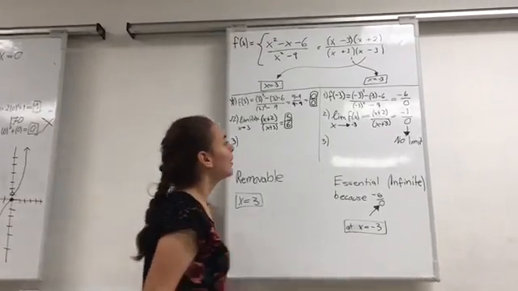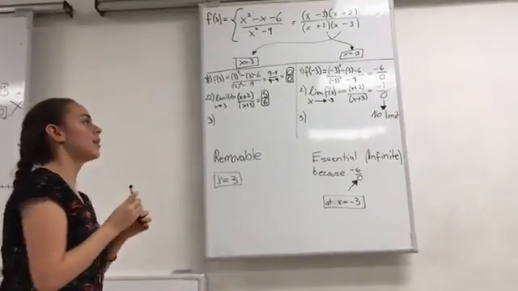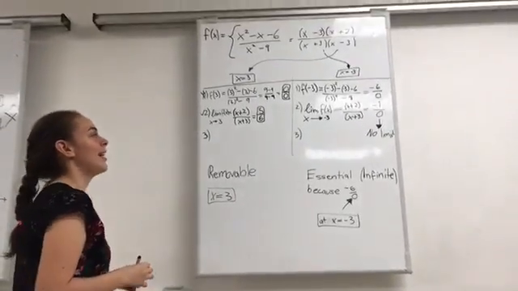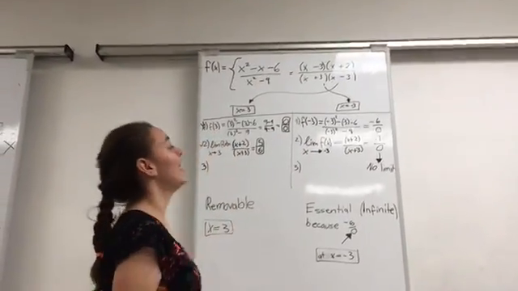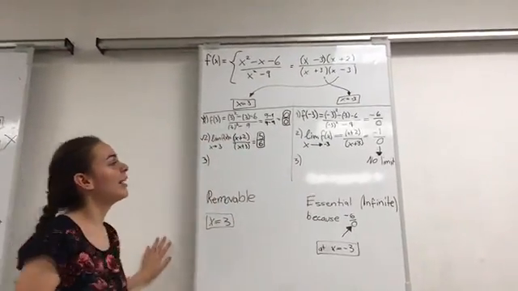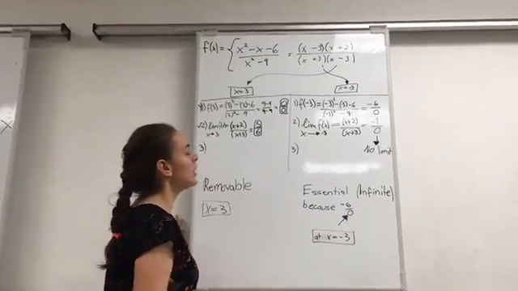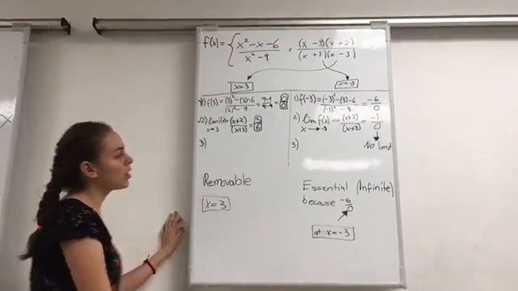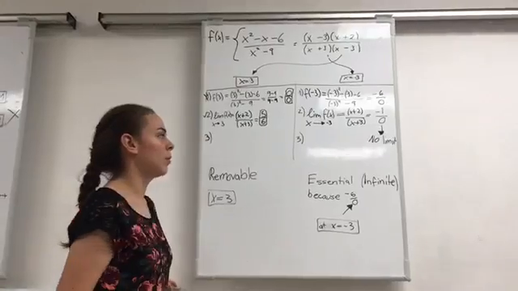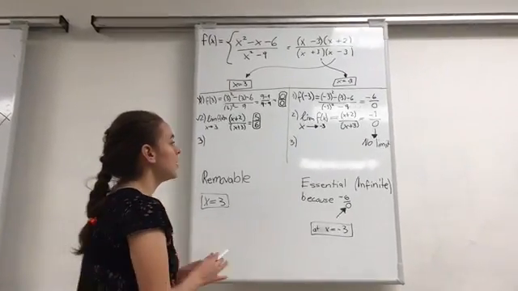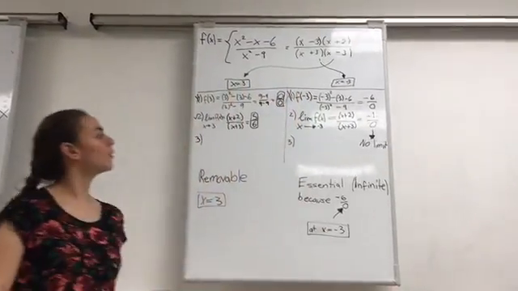In this other case, we have that x is equal to minus 3. So we have to replace it again in the original function: minus 3 squared minus 3 minus 6 over minus 3 squared minus 9, which is equal to minus 6 over 0. And so this step is not correct.